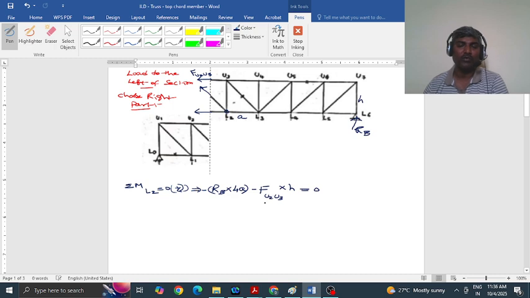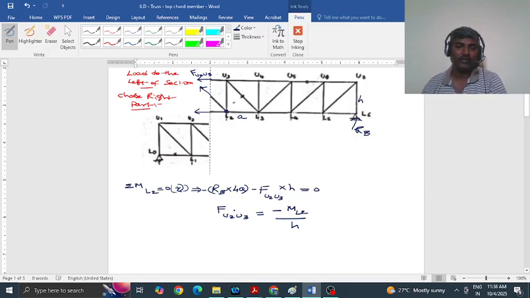We want this force. Sending this to the right hand side, F U2 U3 is equal to the moment about L2 divided by h, since this is F into h moved to the right hand side.